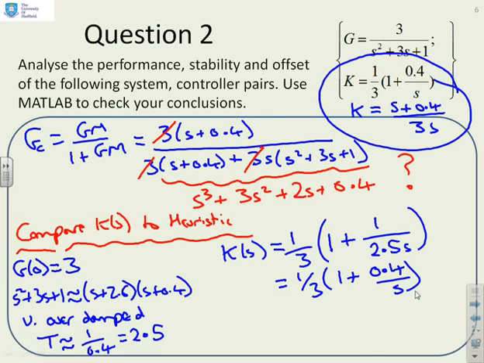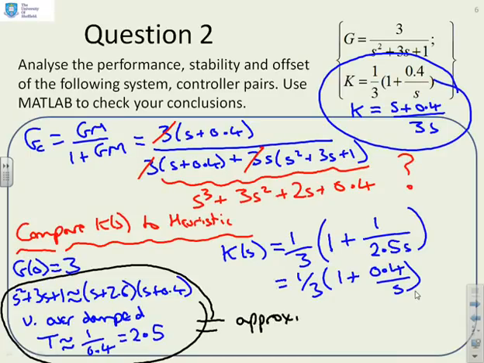So the question is now, is that likely to be a good compensator? Now I'm going to point you to the bottom left hand of this screen. What did we notice down here? The system is very overdamped, and that means it can be approximated by first order with slow mode.